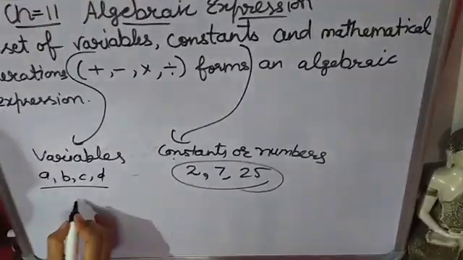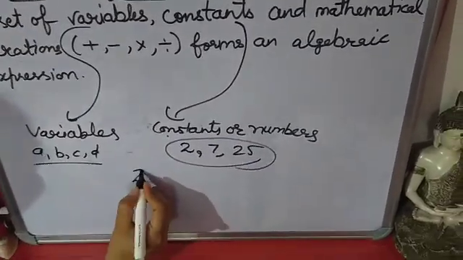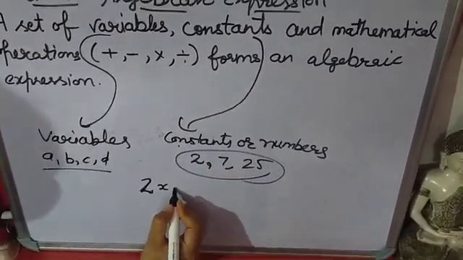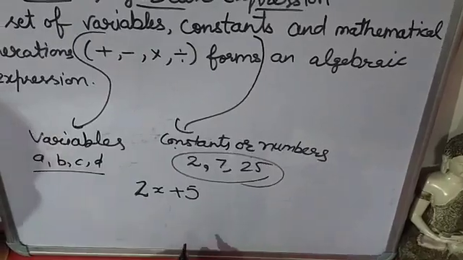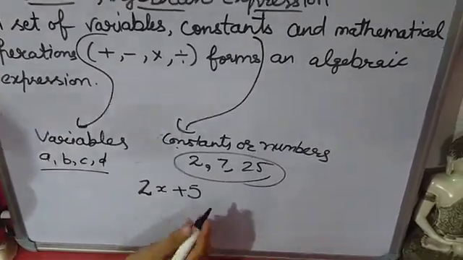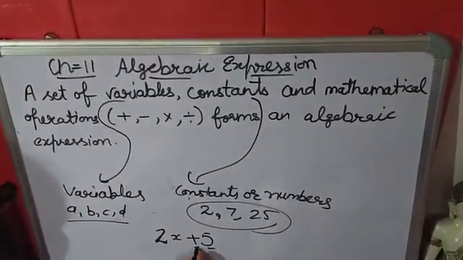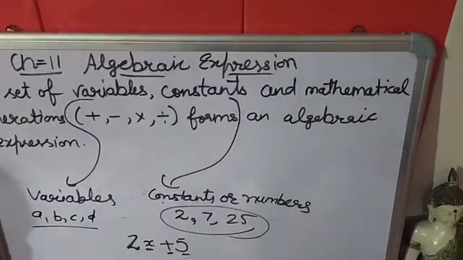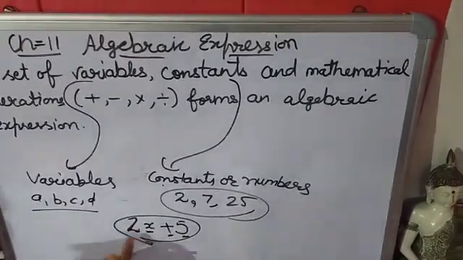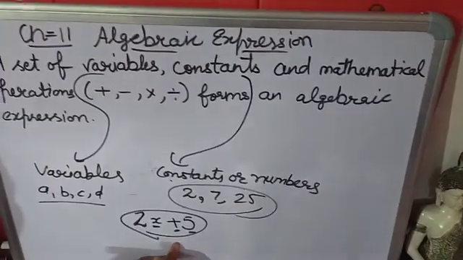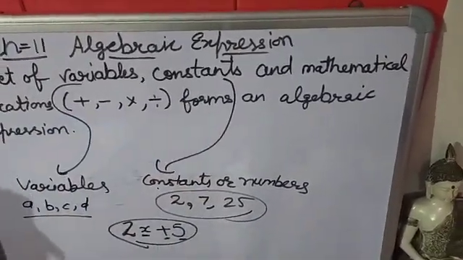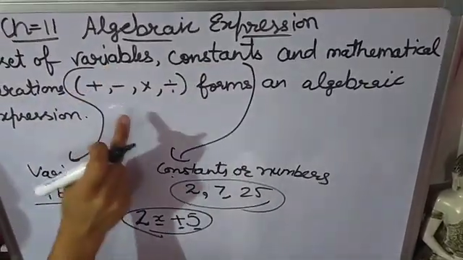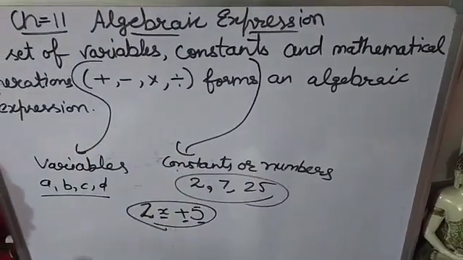Okay, if I have written here 2x plus 5. Now look at this. There is a constant term, there is a mathematical operation and there is a variable. So this is called an algebraic expression. An algebraic expression is the combination of constants, variables and mathematical operations.